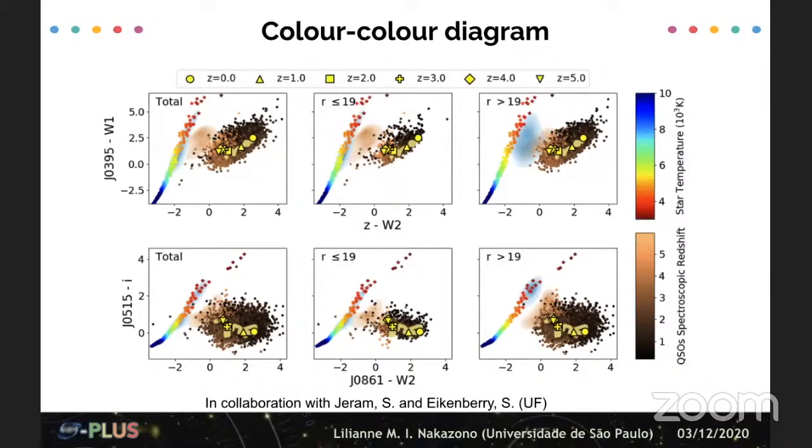But here we have some caveats: we need detection in all these filters, including WISE. We are also restricted to observations with signal to noise higher than 3, which was one of the conditions for making this plot. And it seems that we have more confusion for magnitudes above 19.